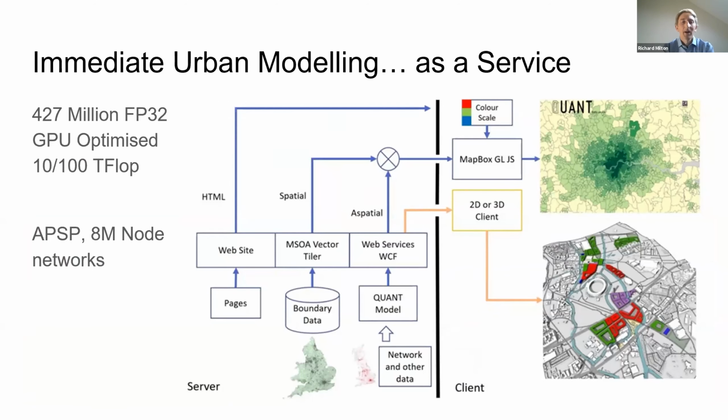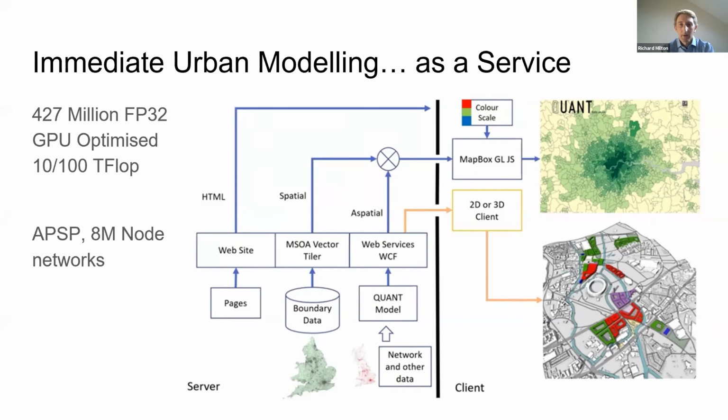Now, as I said a moment ago, Quant is unusual in being web-based, but this also gives us some advantages. So this is the diagram of the overview of how Quant works. What I'm going to focus on is the web services box, because the rest of it just runs the website. It's the web services that are interesting because the web services are exposed to the outside world.